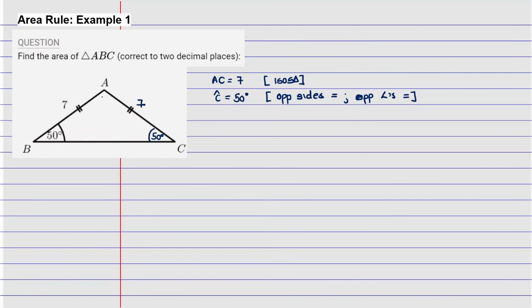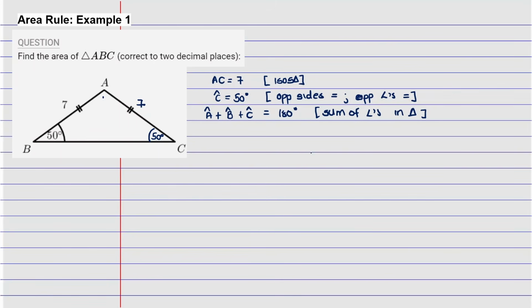Then I said we can find this angle by the sum of angles in a triangle. So angle A plus angle B plus angle C is equal to 180 degrees. Hope that makes sense.